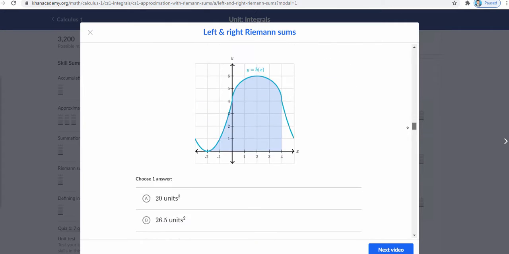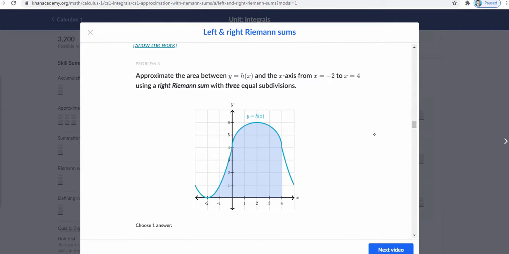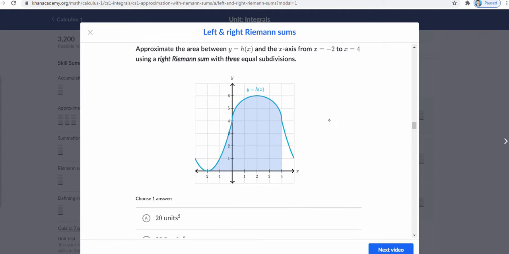Alright, so in the next one it says, approximate the area between y equals h of x and the x-axis from x equals -2 to x equals 4. Use the right Riemann sum. In the right Riemann sum, we keep the graph to the right of the divisions. So this is the first division. The second division will be up till here.